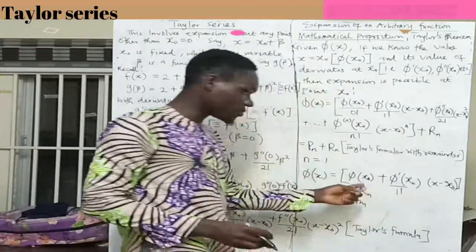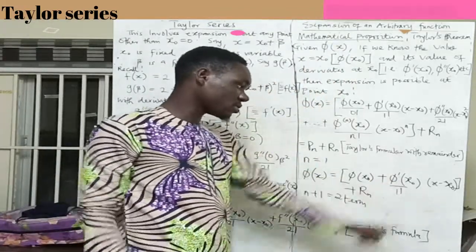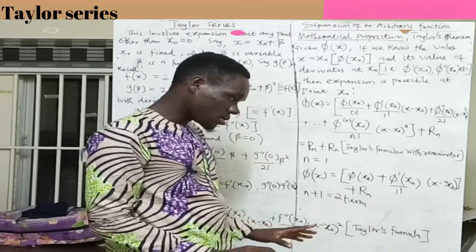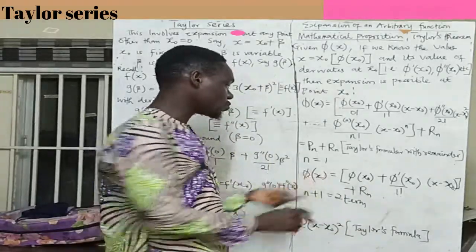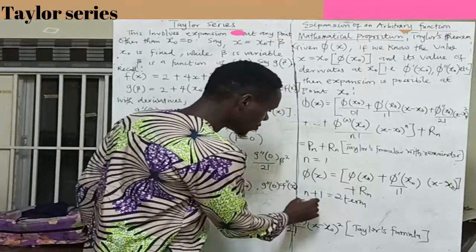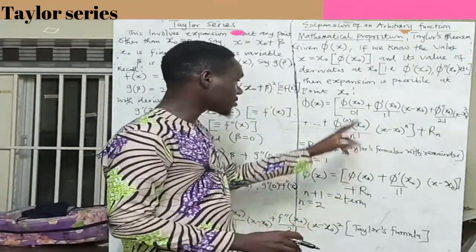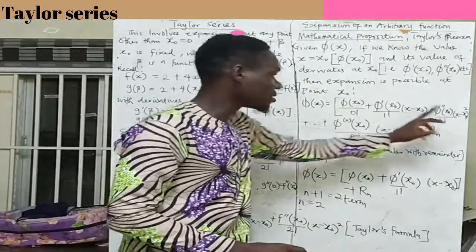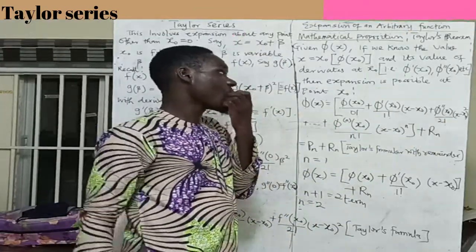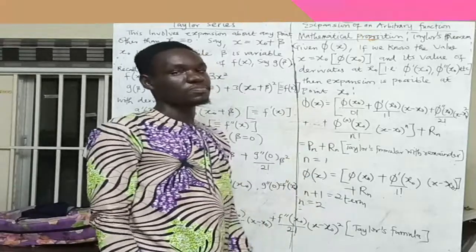So in this case, we have just 2 terms in the polynomial function. And in a situation where n is 2, it means that you are going to have 3 terms. That is this, this, and this.